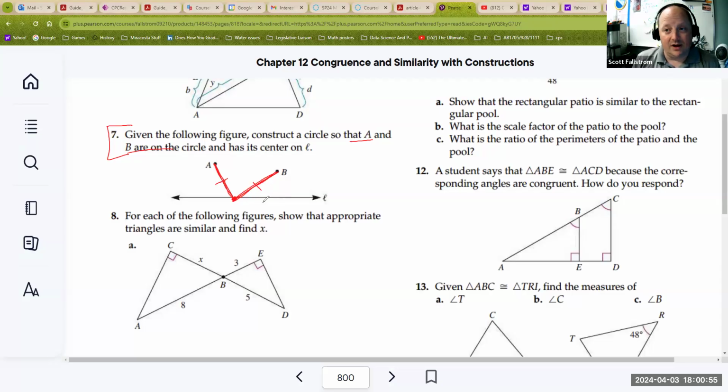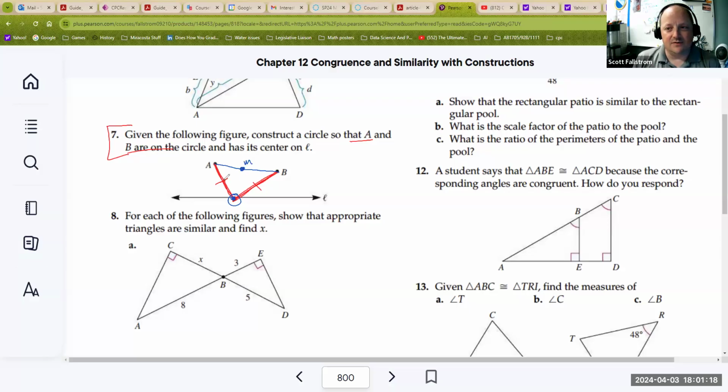I don't know where that point is, but I do know something about this point. I know this point is the same distance from A and B. Now, I could have picked another point. Maybe I wanted another point to be the center, like here, maybe the midpoint.